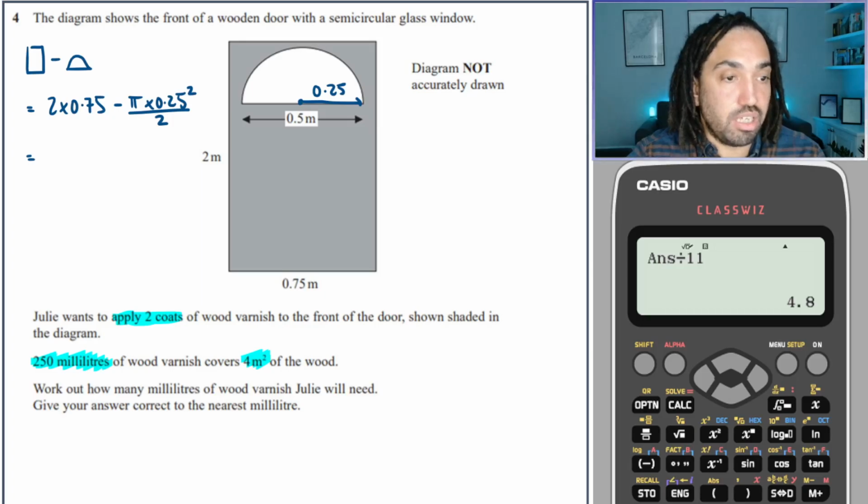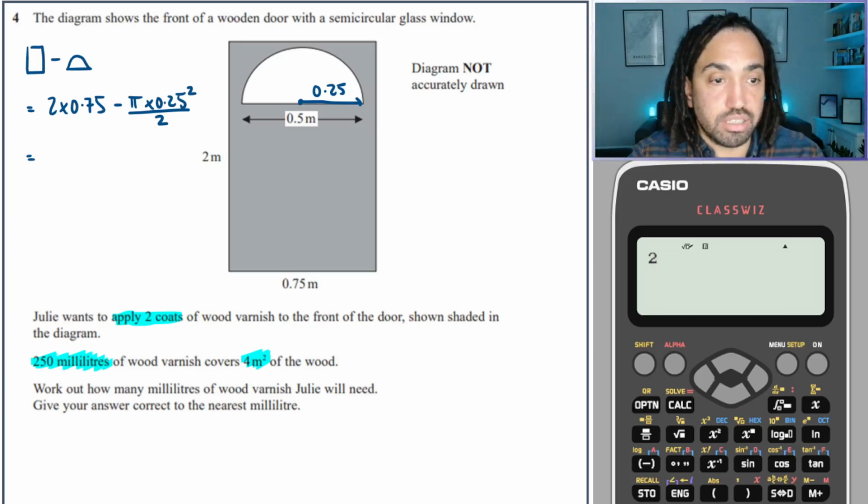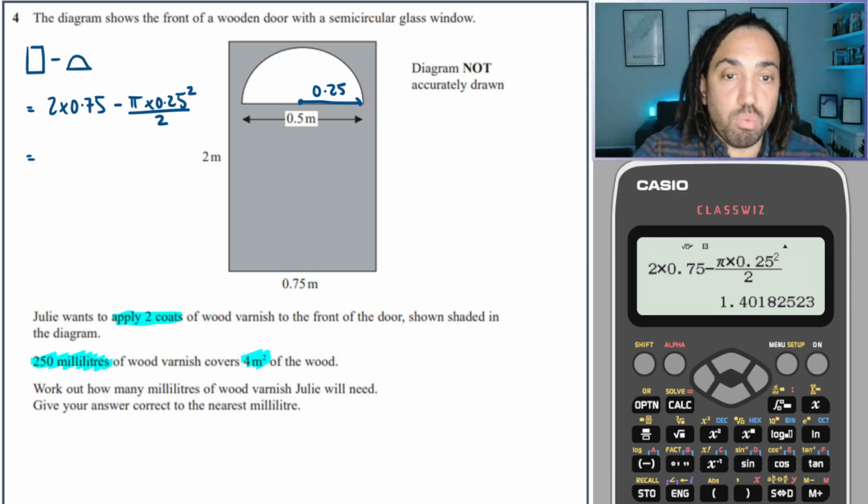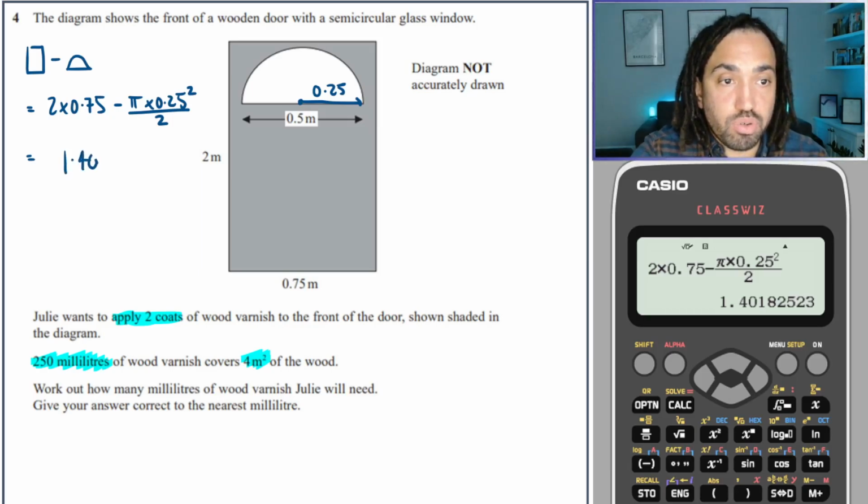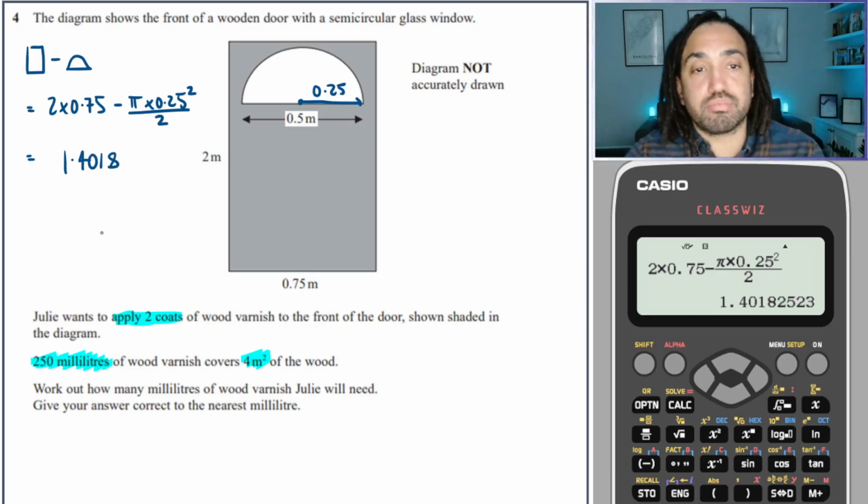Okay, so we can do that calculation. 2 times 0.75 minus pi multiplied by 0.25 squared over 2, and we get 1.4018.